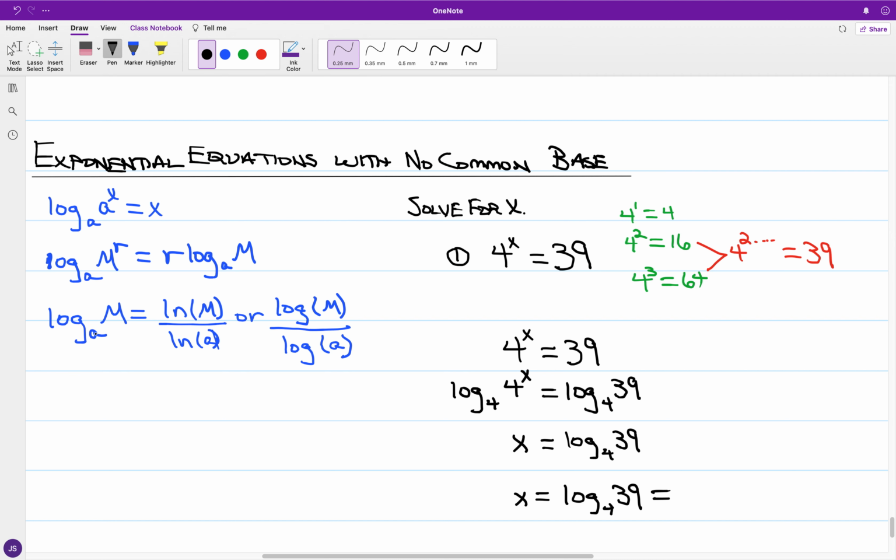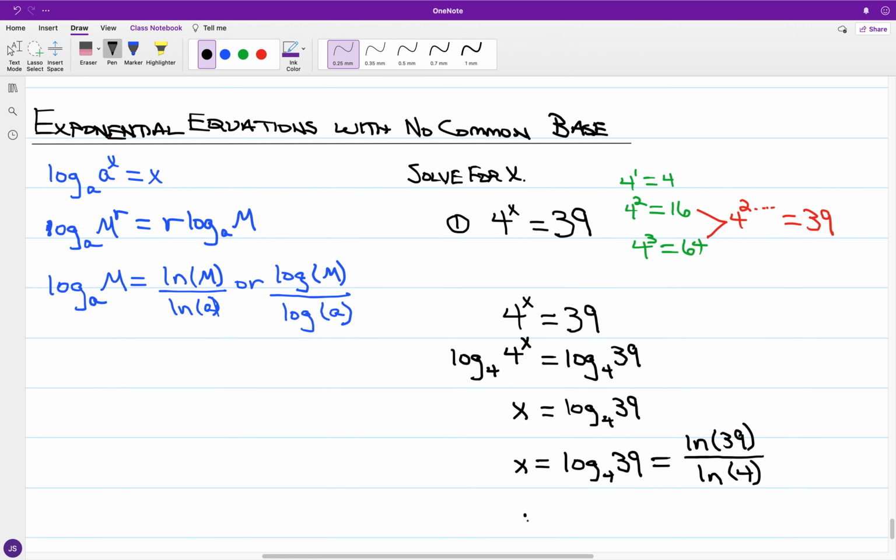So I have a at 4, m at 39. If I use natural log, I have the natural log of 39 over the natural logarithm of 4. For your value of x in this particular case, to about the nearest 4 decimal places, this will come out to right at 2.6427.